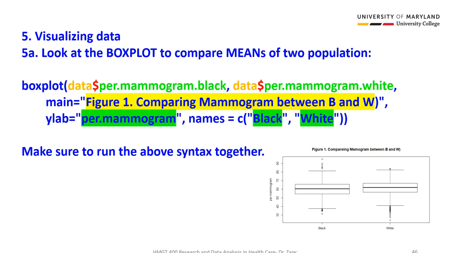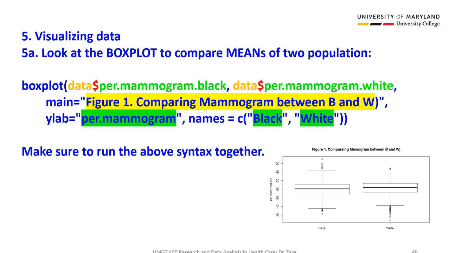If at some point you are not able to see the result, the problem is not the code, the problem is the data. You need to fix that first. So this is the boxplot command, open bracket, data. The data here is the same as data here. If you are using two data sets, then you need to change this to data 1 or 2, but I assume that you are working with one data set.